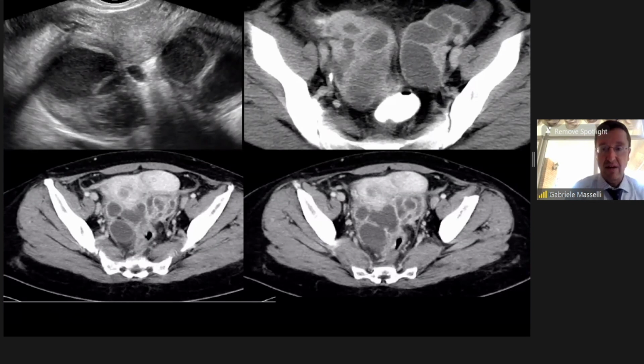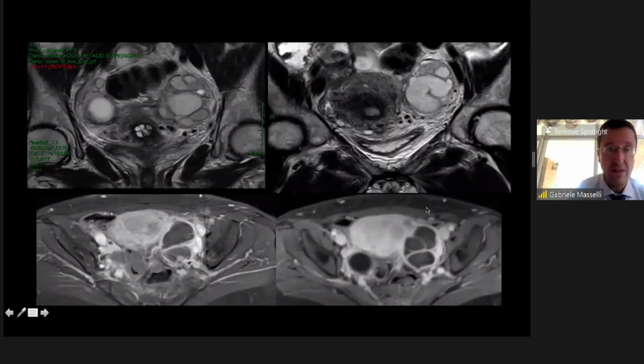And this is another example of pelvic inflammatory disease. You see the presence of multiple bilateral ovarian fluid lesions on ultrasound with irregular septation, and on CT with involvement of the ovary and the tube as well.